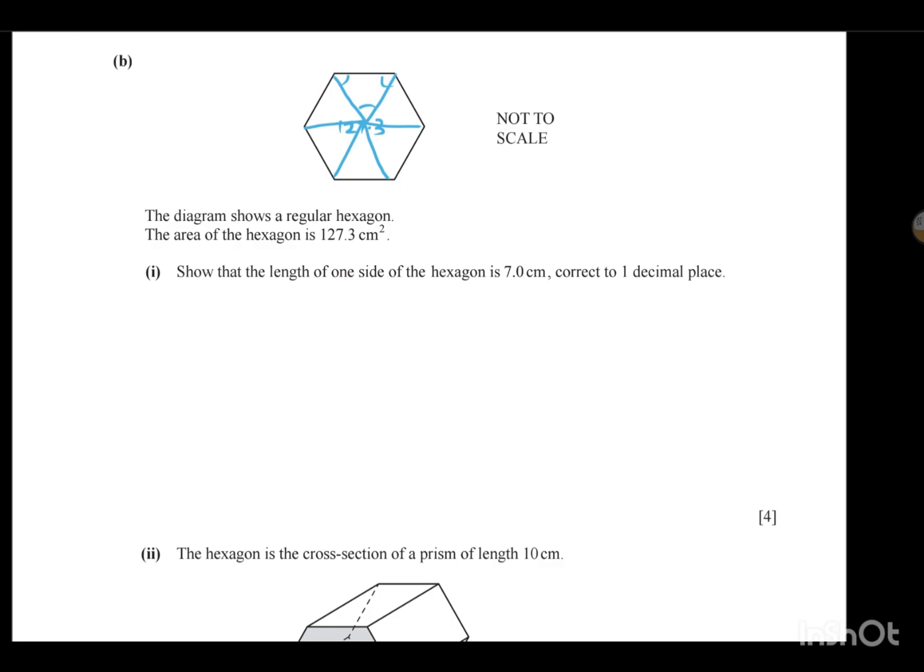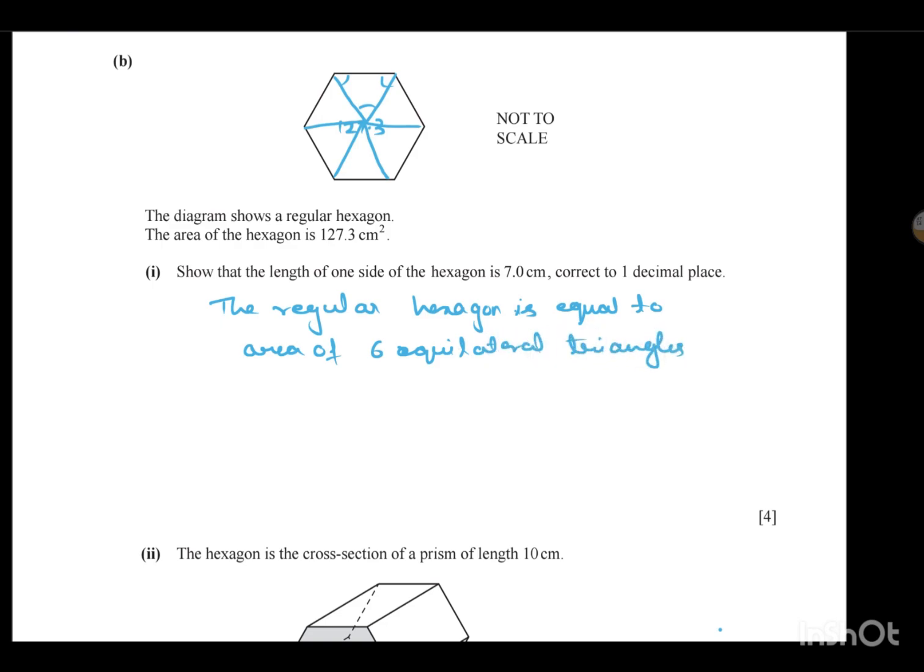Now if I take area of 6 equilateral triangles, so 6 into half into the sides.